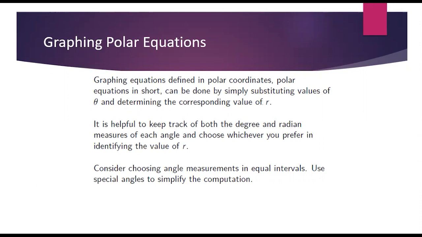So it is helpful to track both the degree and the radian measure of the angles that you're going to use, and then choose whichever you prefer in identifying the value of r. Consider choosing angle measurements in equal intervals, and use special angles to simplify our computation.